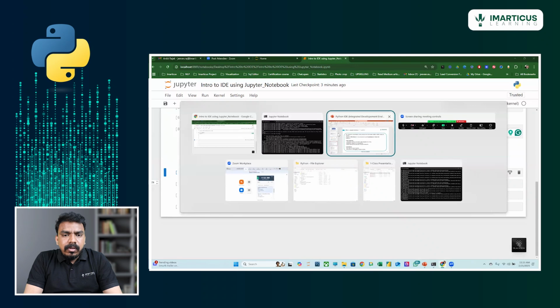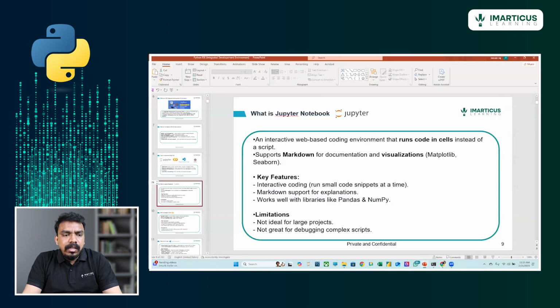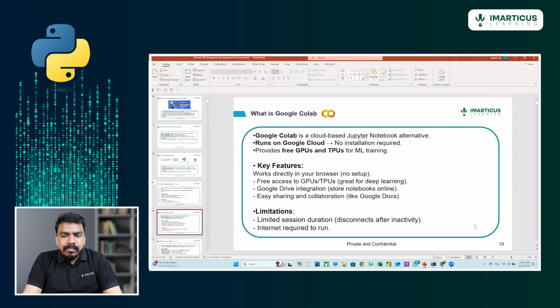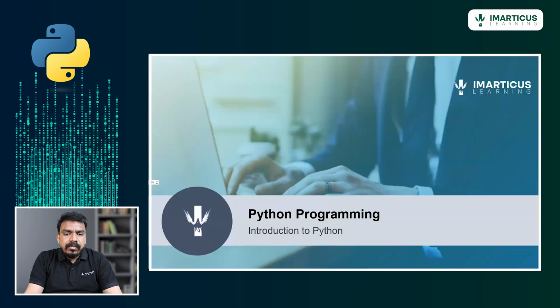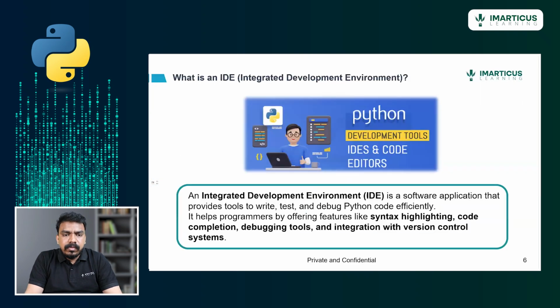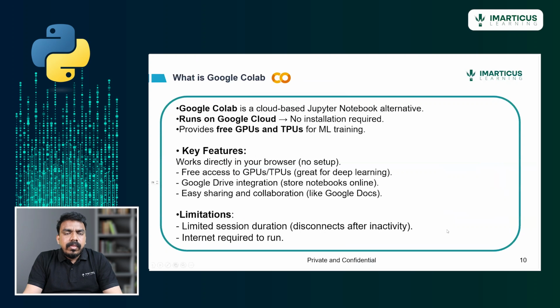So let me talk about the next IDE, that is Google Colab. So what is Google Colab? Google Colab is a cloud-based Jupyter Notebook, which is exactly the alternative to Jupyter Notebook.